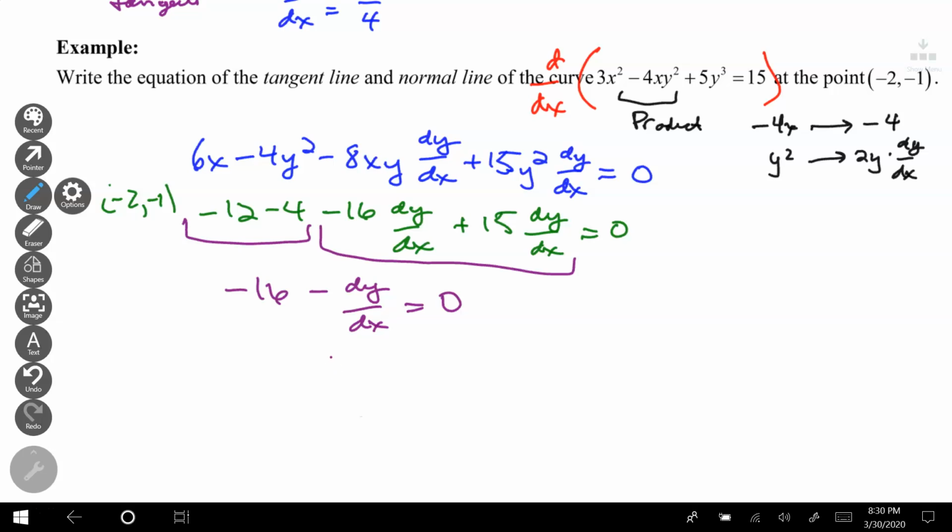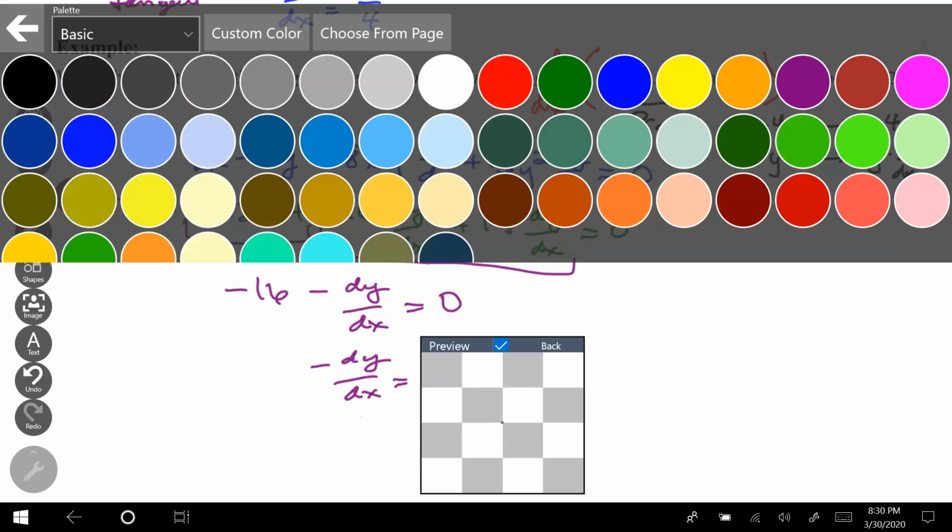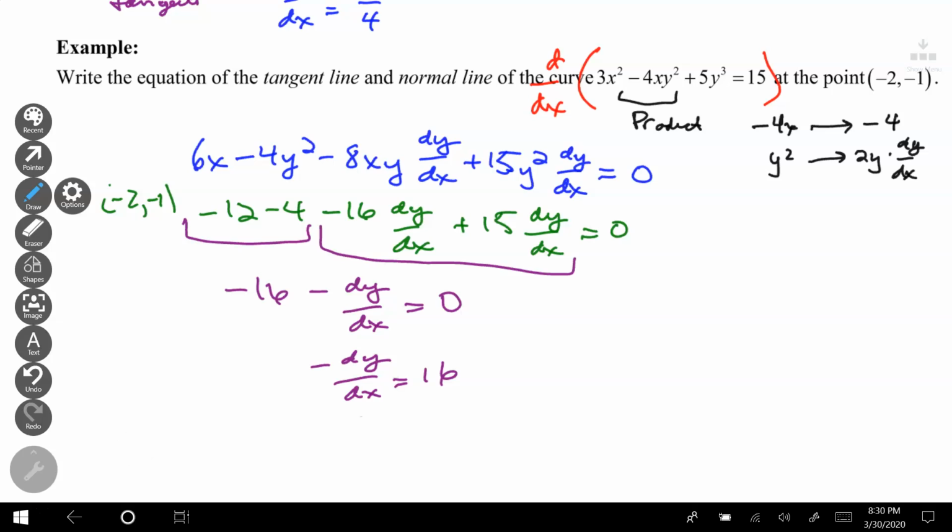Or I finally get -dy over dx is equal to 16, or finally dy over dx is equal to -16, and that is the slope of the tangent line.